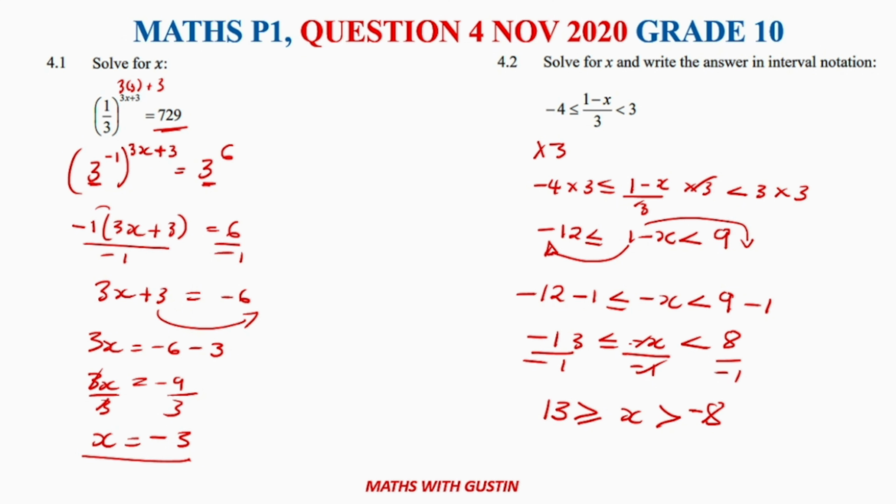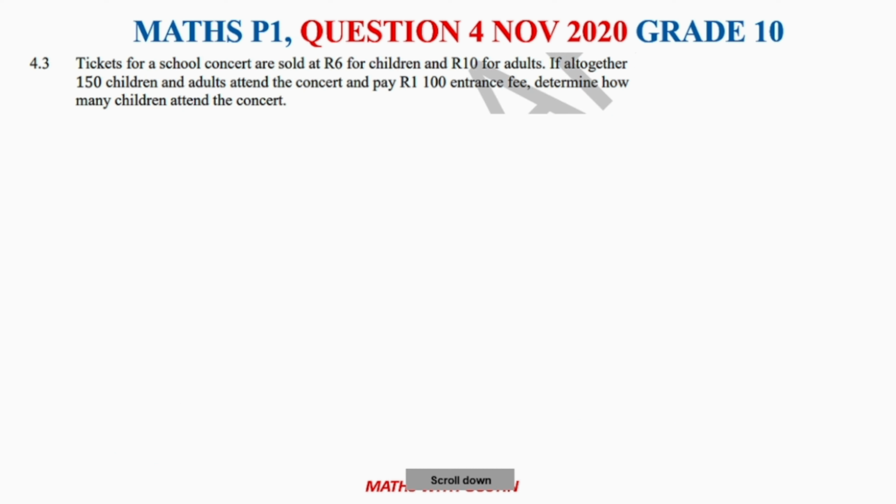Moving right along, let's move to 4.3. 4.3 is a word problem. This one we're going to need a lot of reading. It says that tickets for a school concert are sold at 6 rands for children and 10 rands for adults.